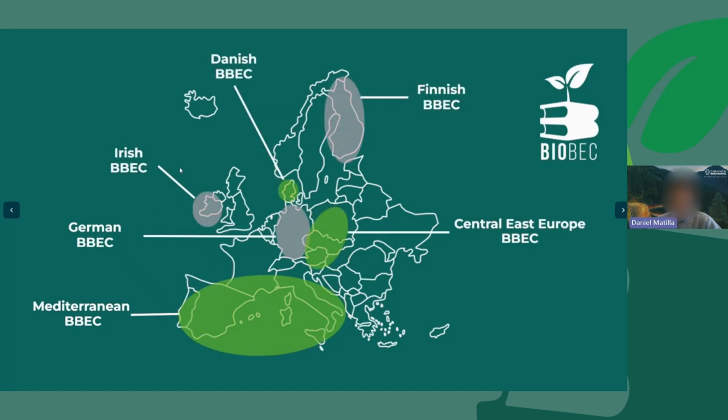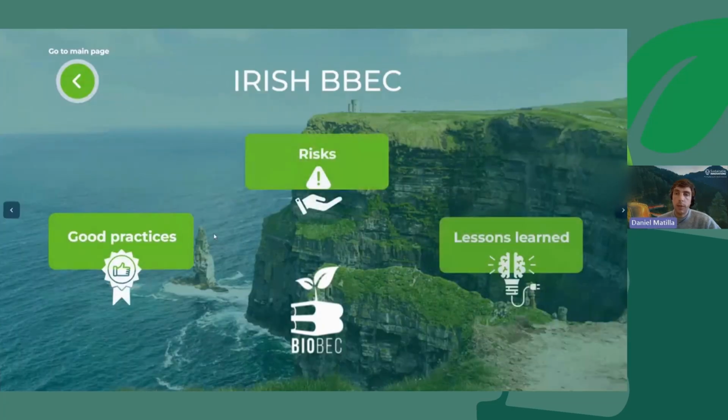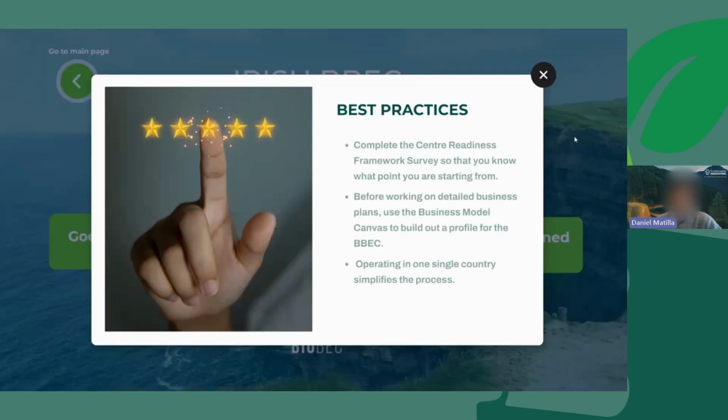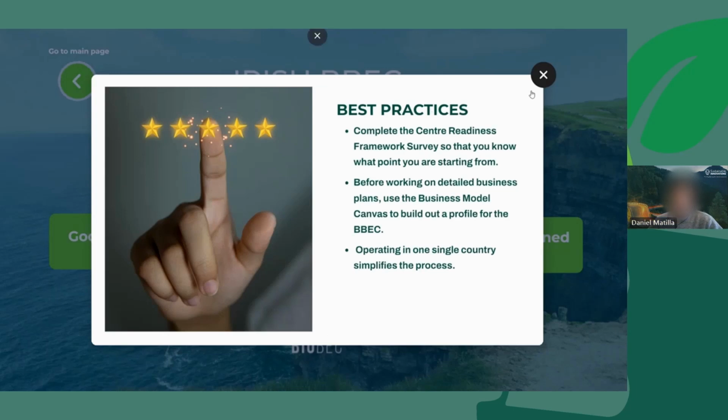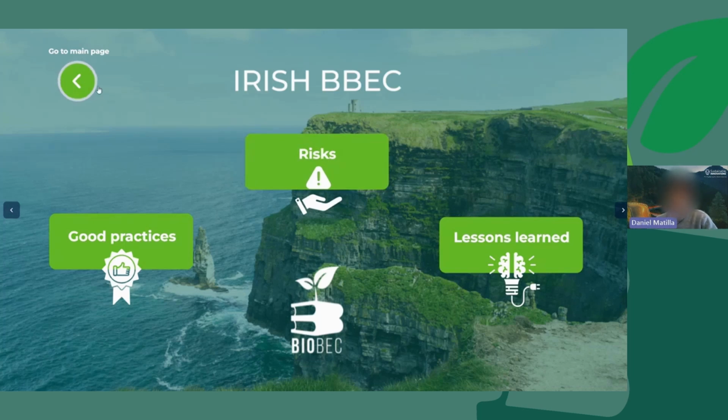And if we go to any of the BIObecs, we will see the good practices, the risks, and the lessons learned that the BIObec leader of that specific center outlined. This is useful for anyone who wants to create something similar in the same regional area, or who wants to understand better the regional needs of a specific place.